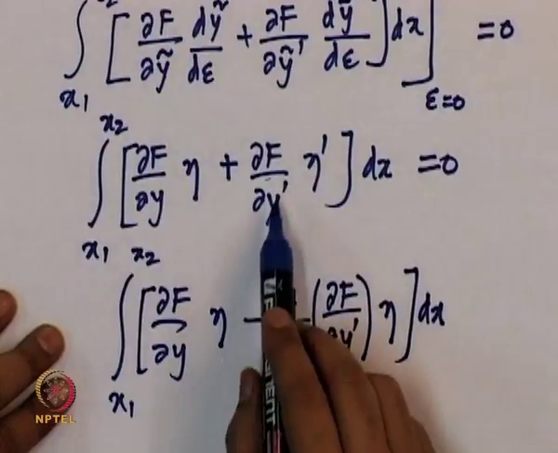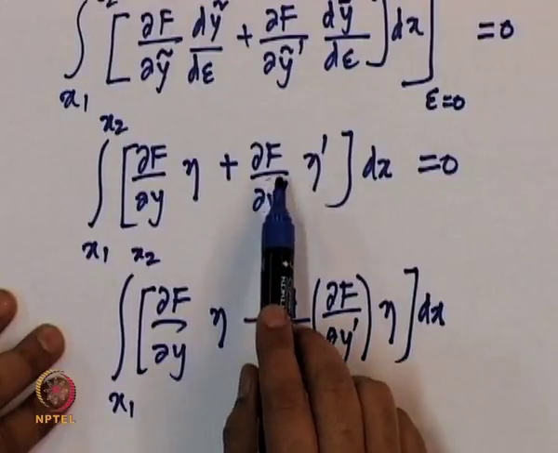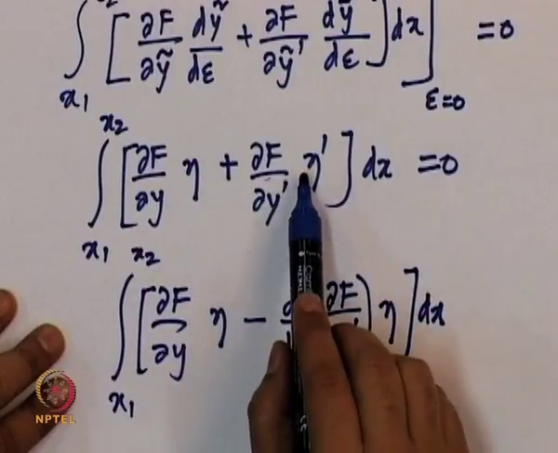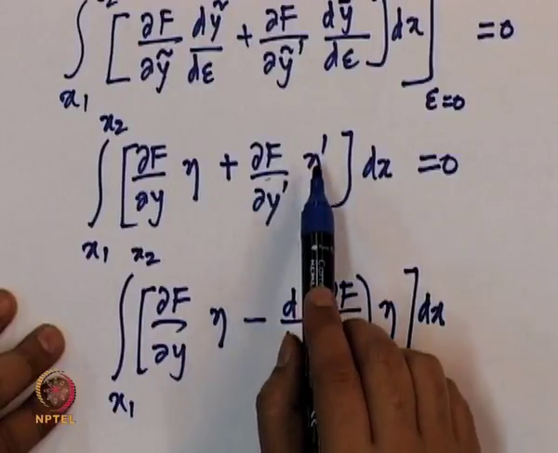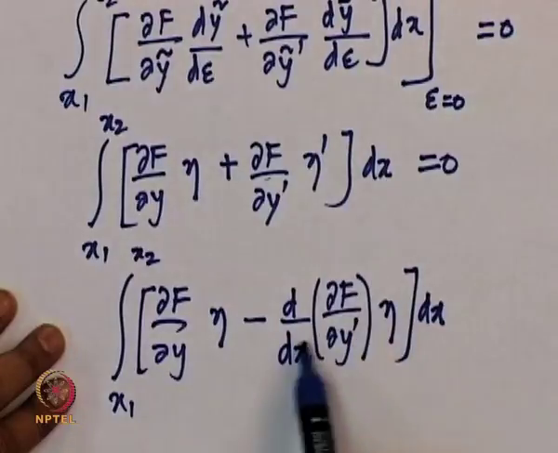There is an extra term, so it is u dv, which will be u v evaluated at the extreme points minus v du. So, that is how we got this.